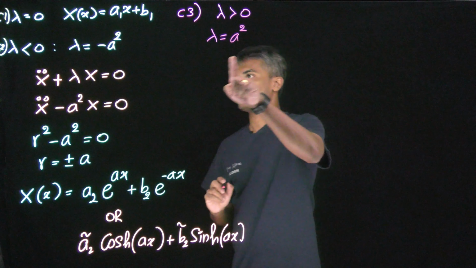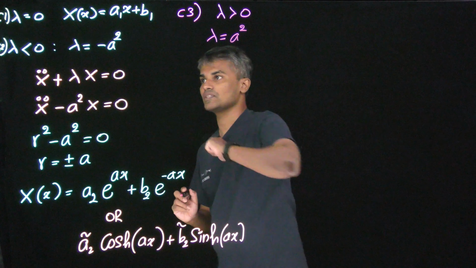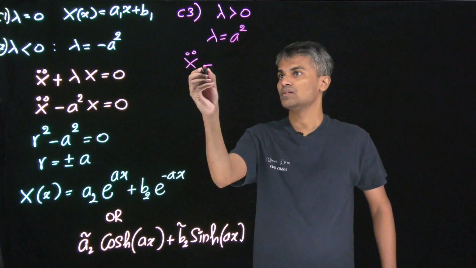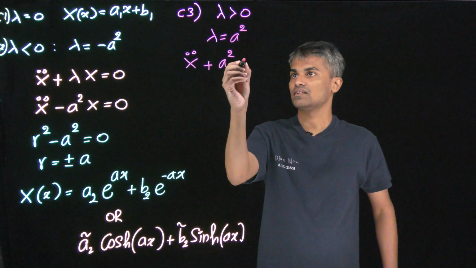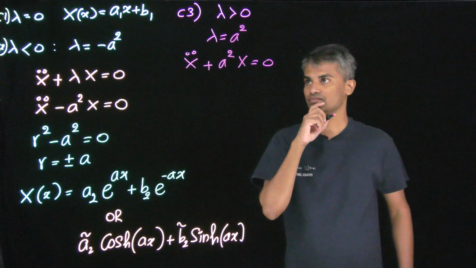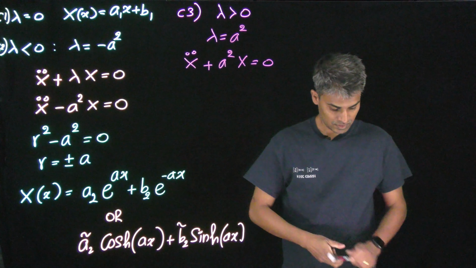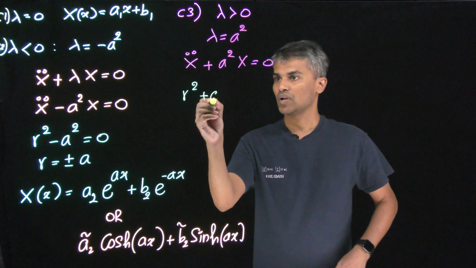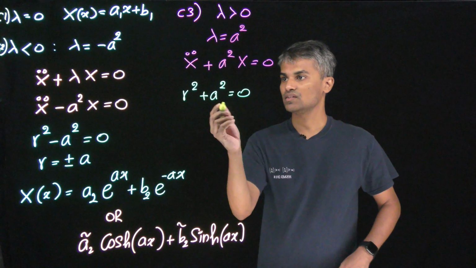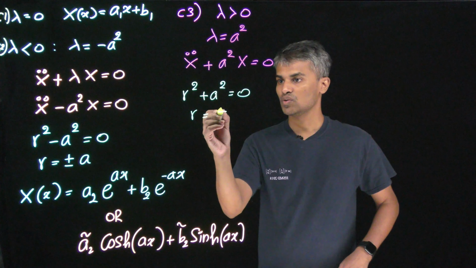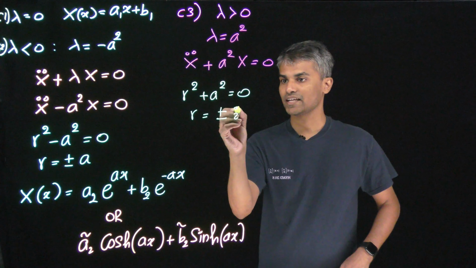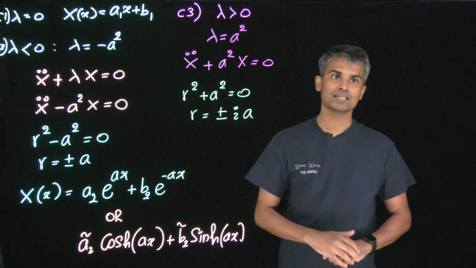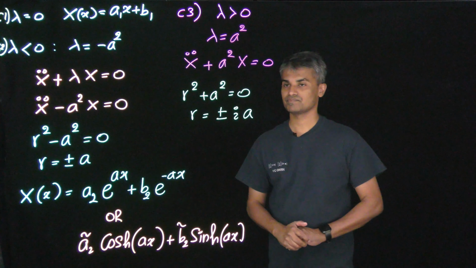If lambda equals a squared, this differential equation becomes x double dot plus a squared x equals 0. The characteristic equation is r squared plus a squared equals 0. This means r equals plus or minus i times a. This i is the complex imaginary number.